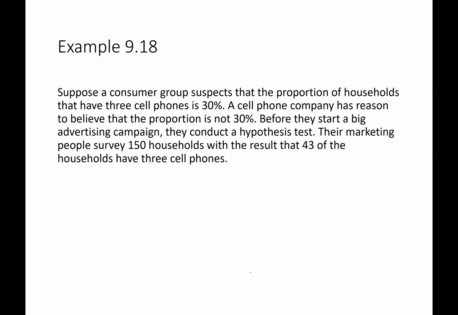Before they start a big advertising campaign, they conduct a hypothesis test. Their marketing people survey 150 households, and the result is that 43 of the households have 3 cell phones.